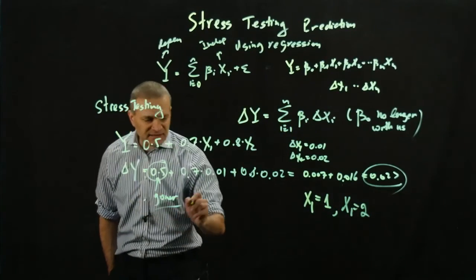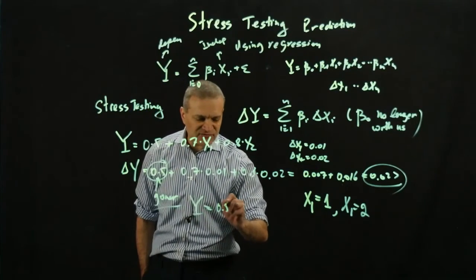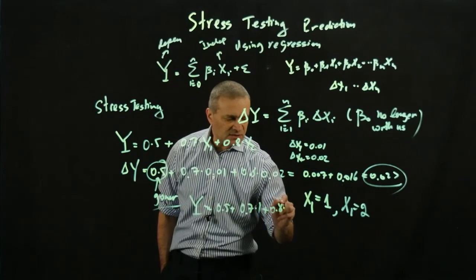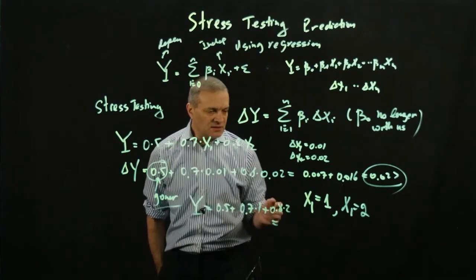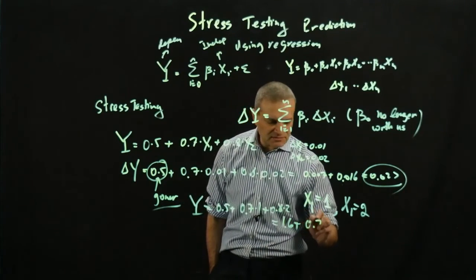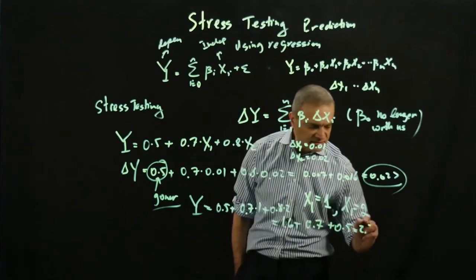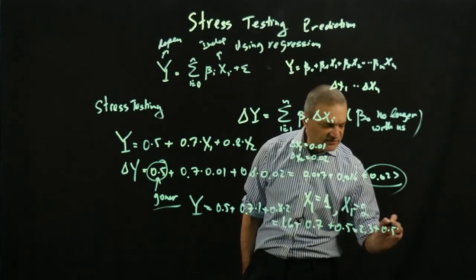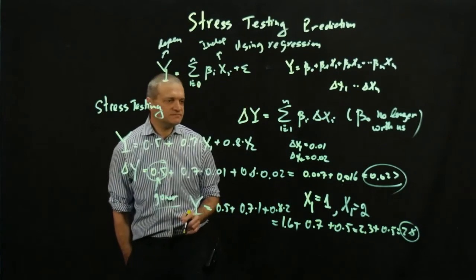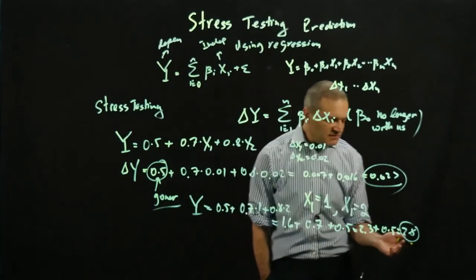Then the level of y is going to be 0.5 plus 0.7 times 1 plus 0.8 times 2. So this is going to be 1.6 plus 0.7, which is 2.3, plus 0.5 equals 2.8. Very straightforward. That's the crux of the matter.